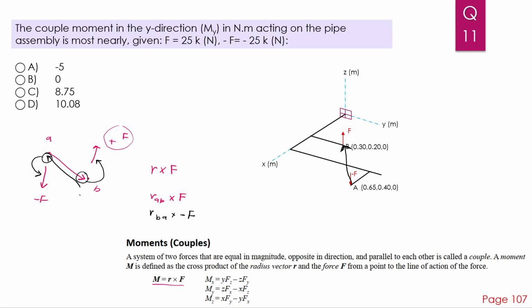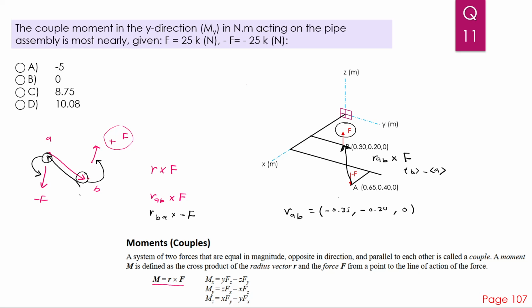That means we are taking RAB multiplied by the vector F. And RAB is basically the coordinates of B minus the coordinates of A. So vector RAB equals 0.3 minus 0.65, which is negative 0.35; 0.2 minus 0.4, which is negative 0.2; and 0 minus 0, which is 0.